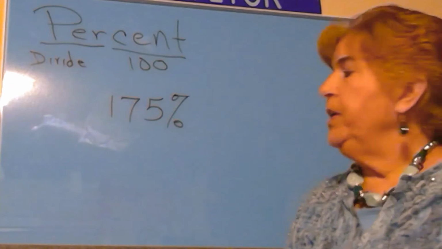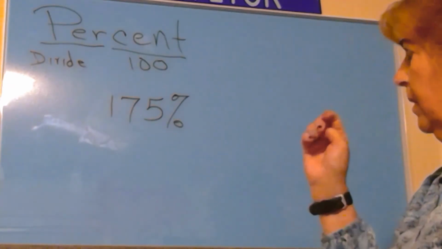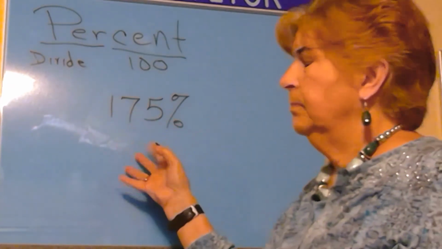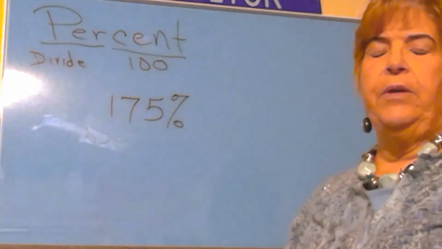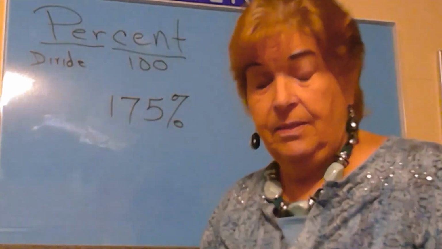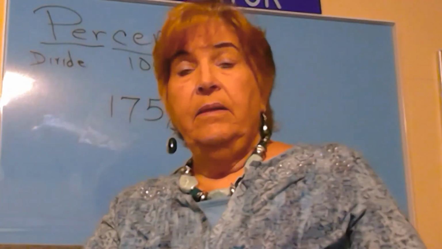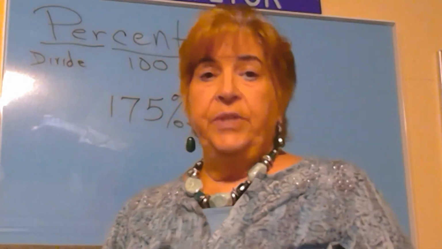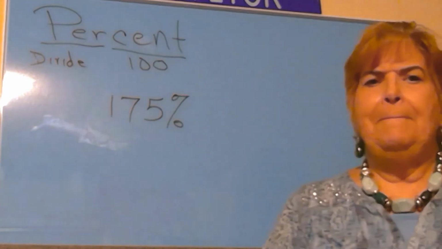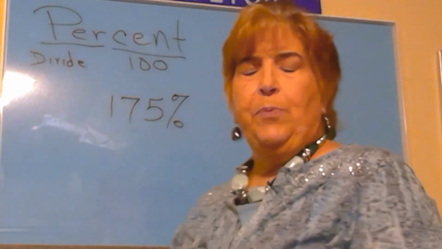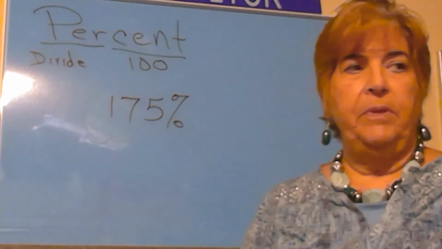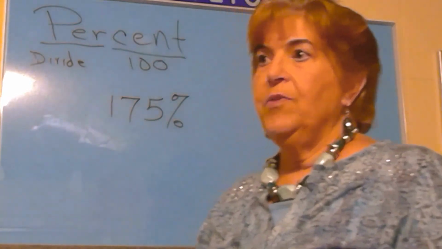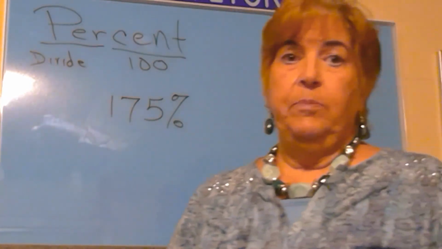There are situations where having a percent over 100 does not make any sense. If I said that 175% of the class was here today, that would probably mean we drug people in from the street, because if everyone was here, it'd be 100%.